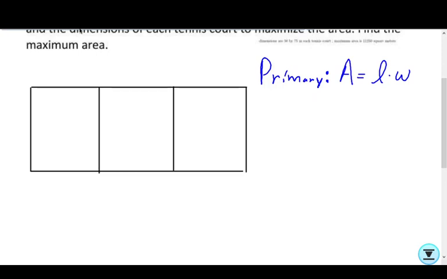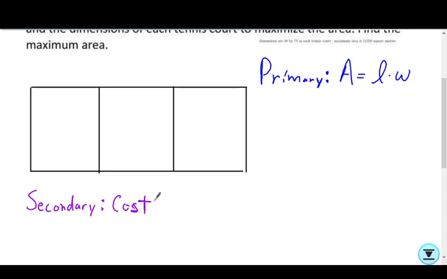My secondary equation is my constraint or my limiting factor. What is keeping me from building as big a court as I need? And that is my cost. So I'm trying to maximize my area, but my cost is limiting the amount of area I can create.